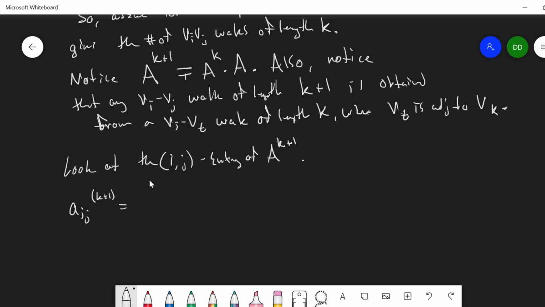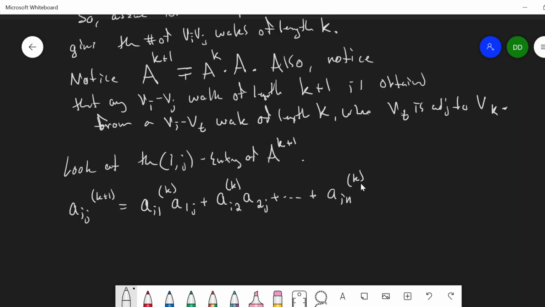So what does that look like? That looks like (A^K)_i1 times A_1j plus (A^K)_i2 times A_2j, and so on, right? Row i times column j is what I'm doing here. Rather, it's the inner product between the row and the column, but it's fine to think about it like this.